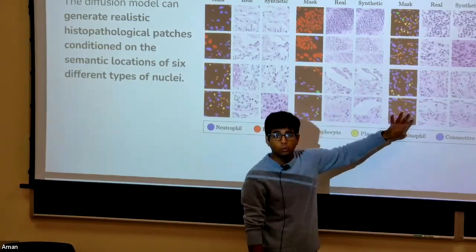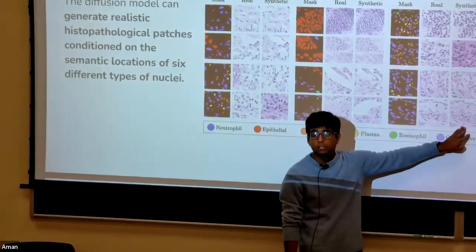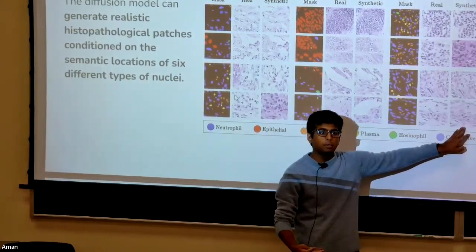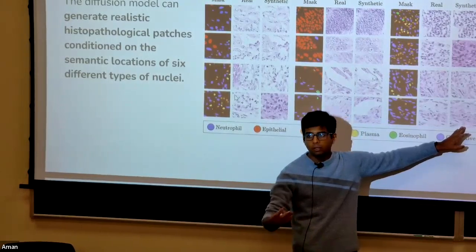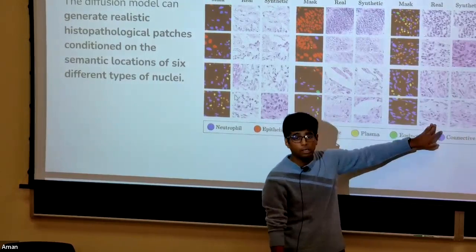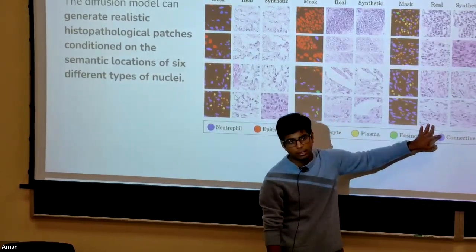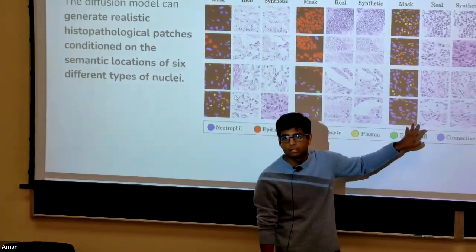And what you want to do is, given this mask, generate a synthetic image which is so realistic that experts or even neural network models are not able to distinguish it from a corresponding real image that was paired with this mask.